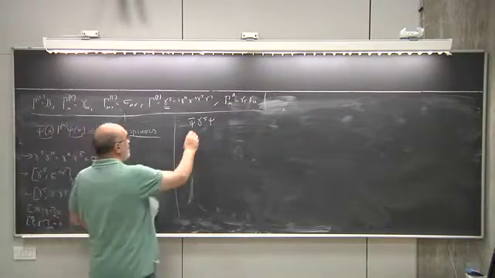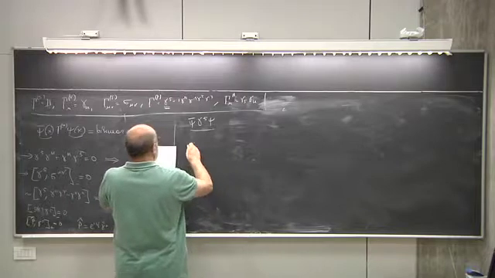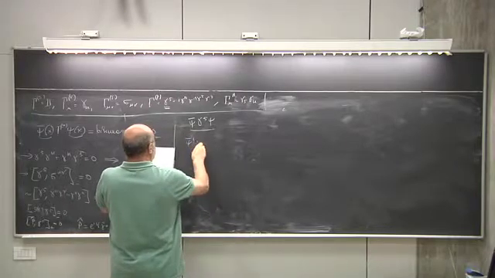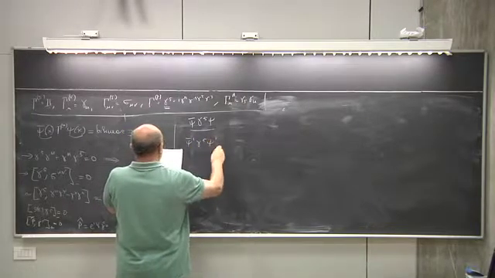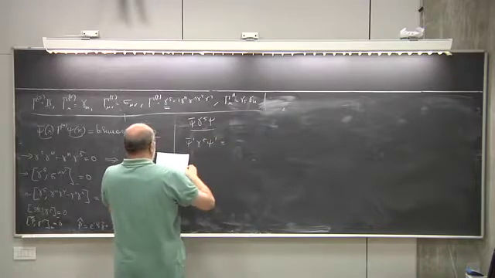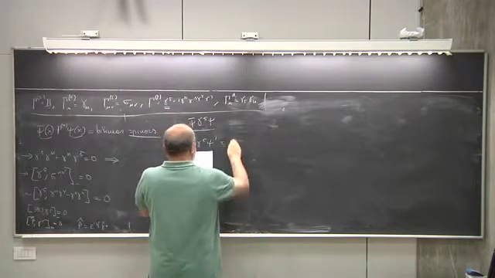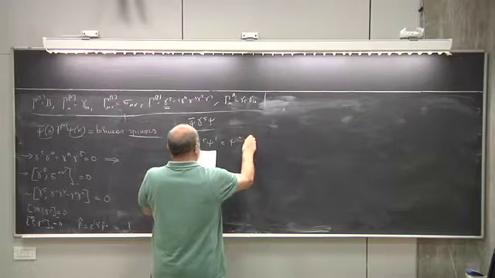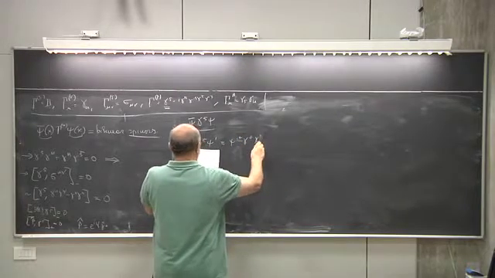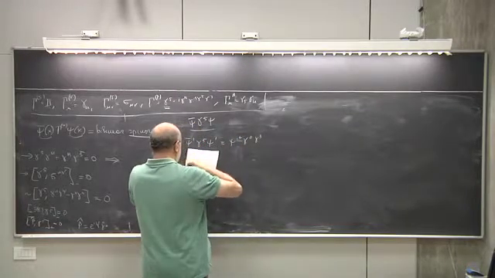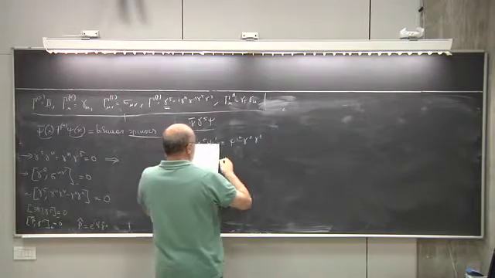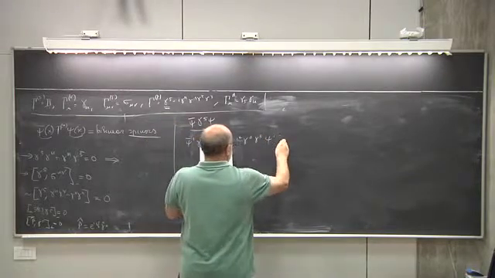So let's look at this quantity. The transformed one is psi dag gamma 5 psi, and this I have psi prime dag gamma 0 gamma 5 psi prime.